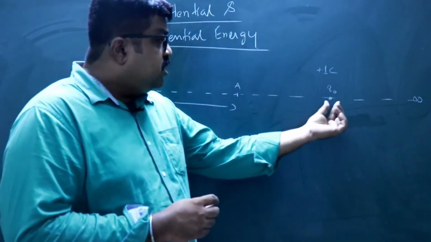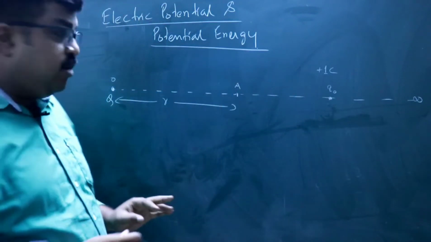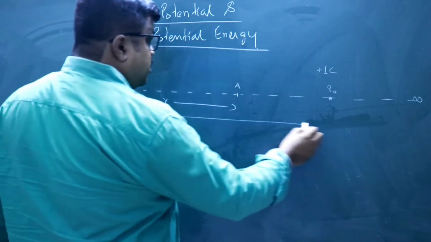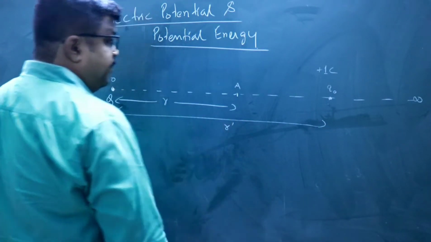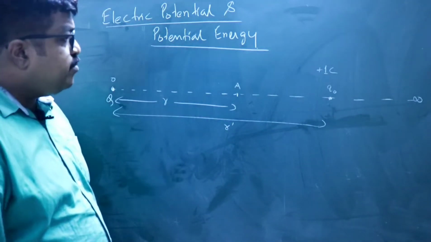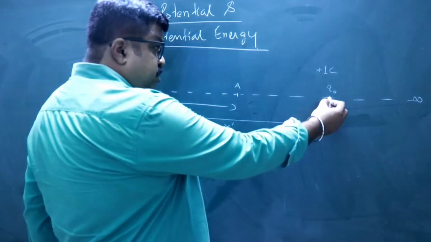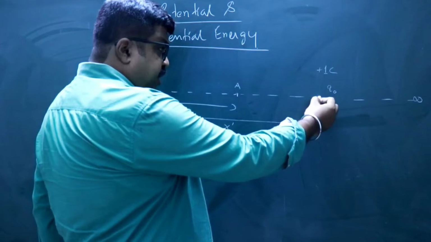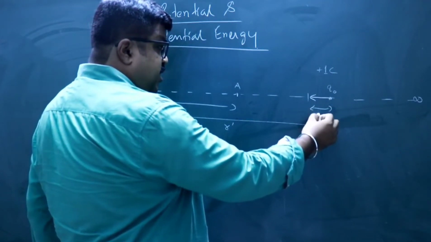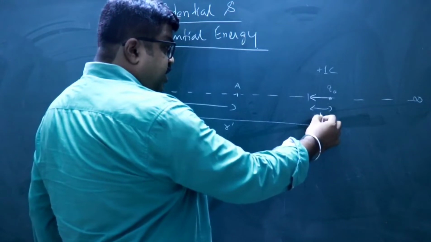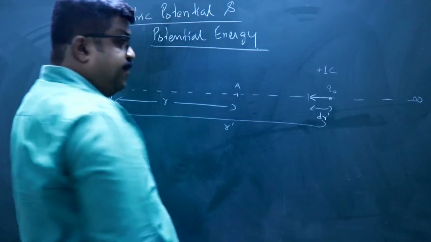Now this is Q naught, and it is at this particular point, and suppose this distance is some r prime. Now it is brought in this direction through a distance dr prime.